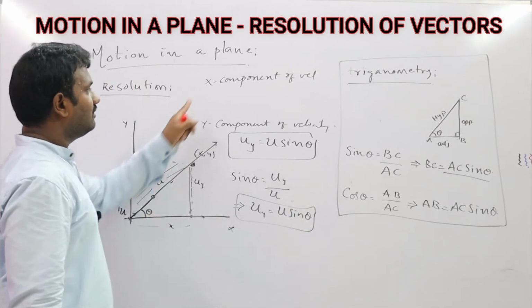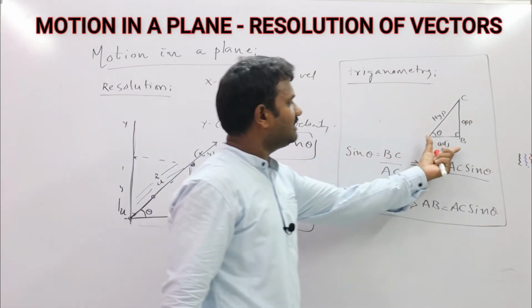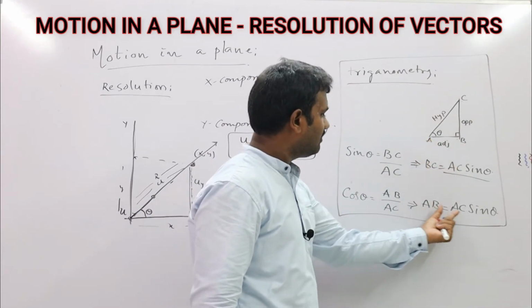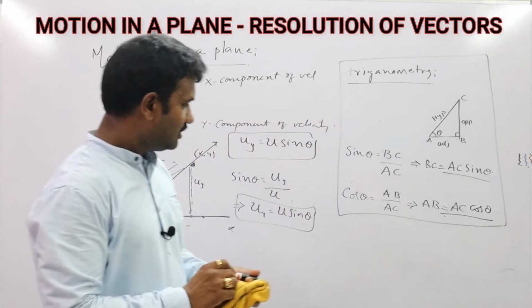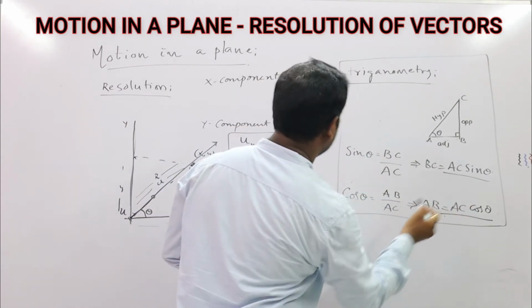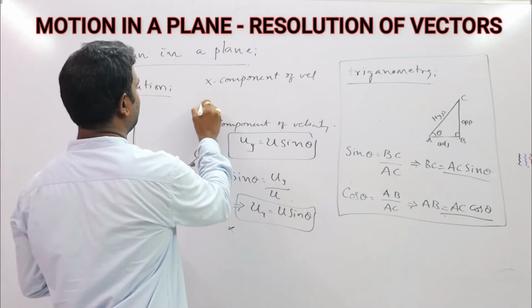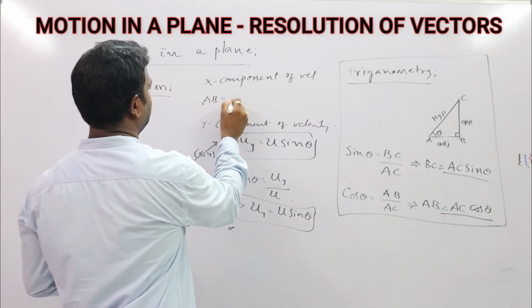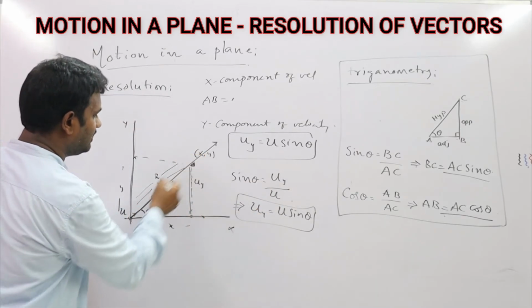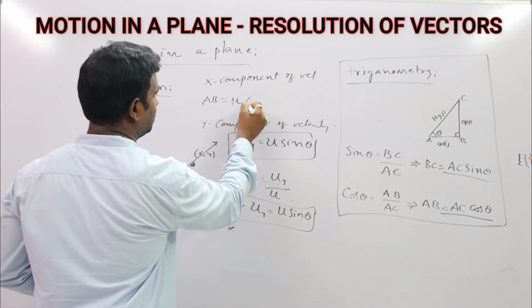Similarly, what is the x component? The x component means the adjacent component, AB. AB is equal to AC cos theta. But what is our AC? It is the hypotenuse, which is u. So it is u cos theta.